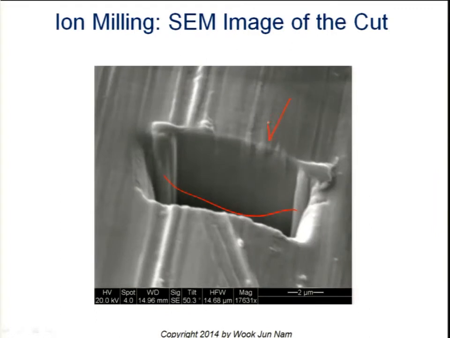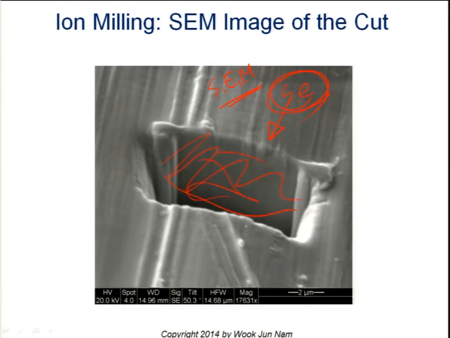The images you are seeing right now are made with the secondary electron beam, SEM images using the secondary electron detector. That is why everywhere looks the same, and you don't see any compositional information from this observation.